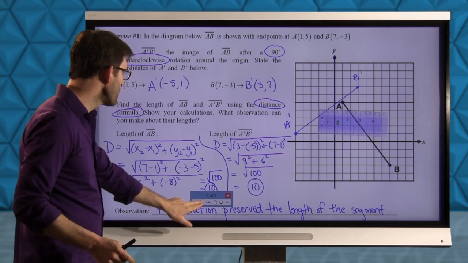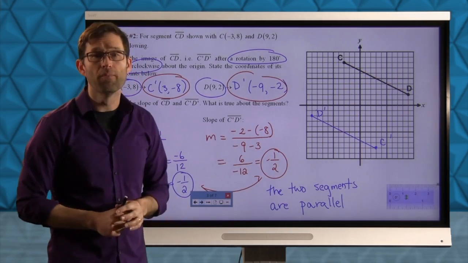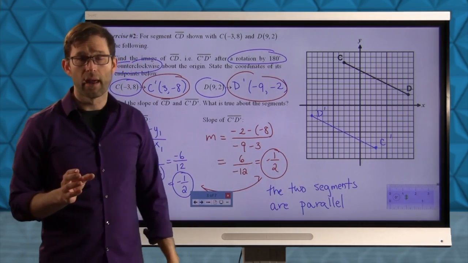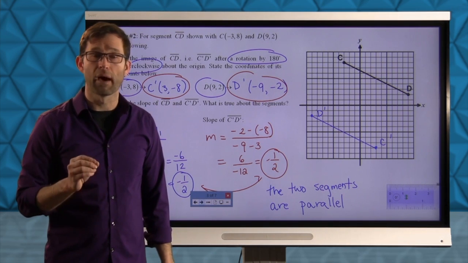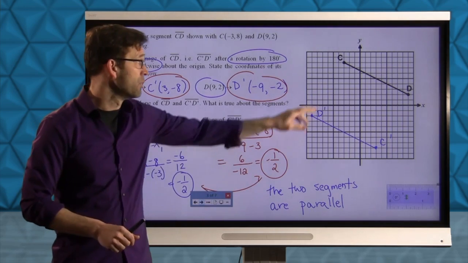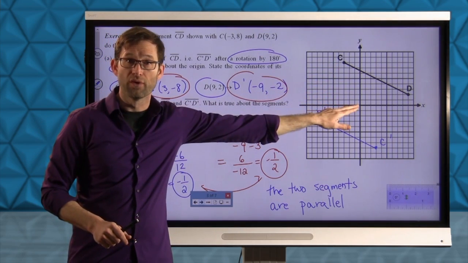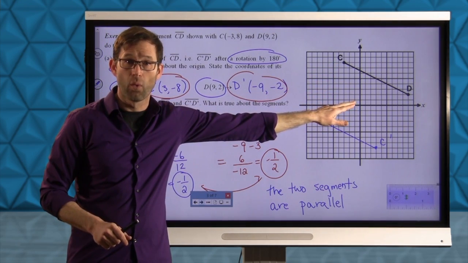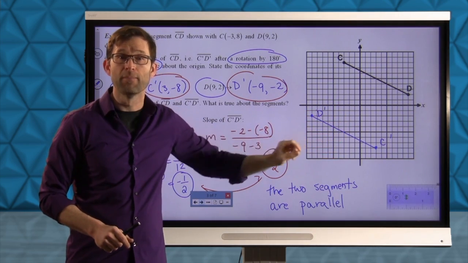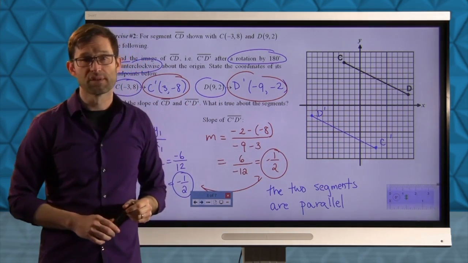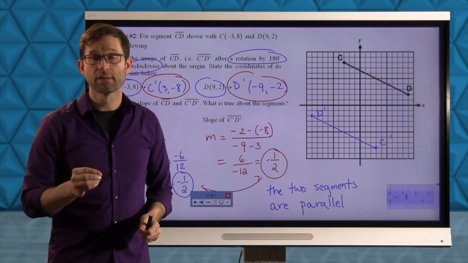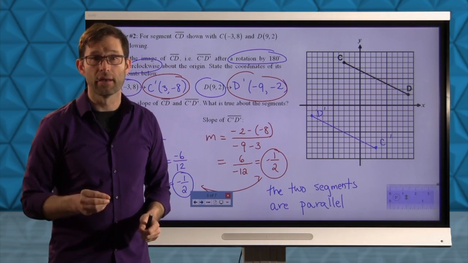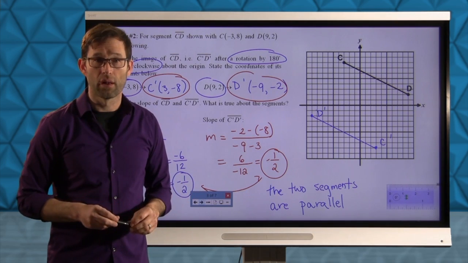But one observation that we did see back in Unit 2 was that when we take a line and rotate it by specifically 180 degrees about a point not on that line, i.e. we've taken this line segment, rotated it 180 degrees about the origin to get this line segment, then we get two line segments that are parallel. 180 degree rotations of lines about points not on the line give you parallel lines.